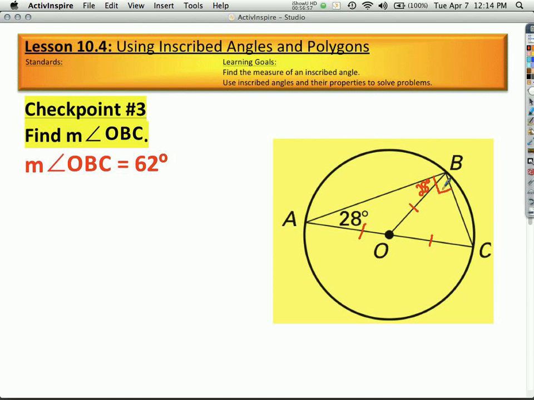Very good. So this arc. Oh, so these are congruent to each other? No, but 28 times 2 is angle BOC. That's right. So this is going to be 56, this arc. And that means this angle, since it's a central angle, is going to be 56 degrees as well. And from there you can figure some things out.